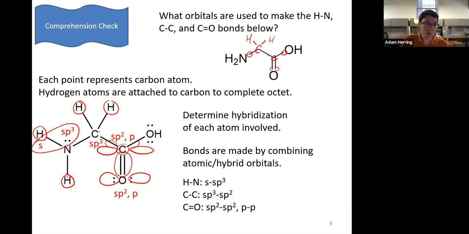The carbon-carbon bond is made by combining the sp3 orbital of the carbon in the middle with the sp2 orbital of the carbon on the right. And then the carbon-oxygen double bond, the sigma bond is made up of the sp2-sp2 overlap, and the pi bond is made up of the p to p overlap.